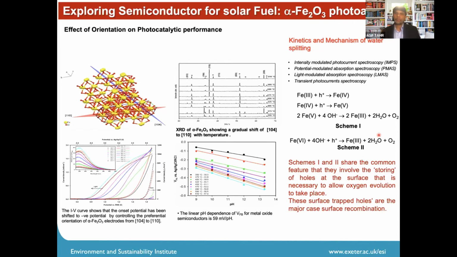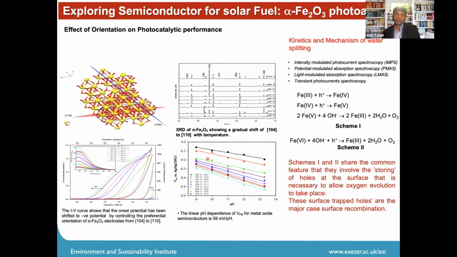So both schemes compete with each other, and the analysis shows that some way of storing the holes onto the surface of alpha hematite is necessary, and that is one of the barriers why the performance of these materials is very low, because water splitting is a 4 electron process.